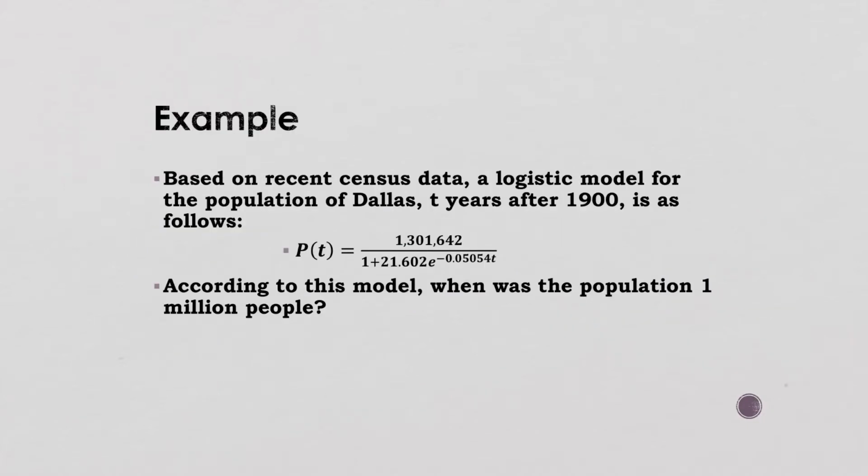First example. Based on recent census data, a logistic model for the population of Dallas T years after 1900 is as follows. According to this model, when was the population 1 million people? So if we're looking for when, it means we're looking for a time. So we need our t.